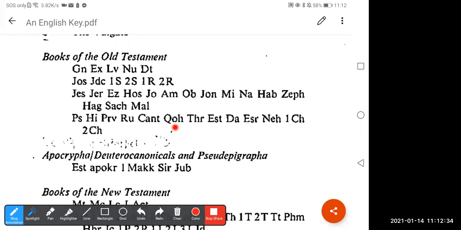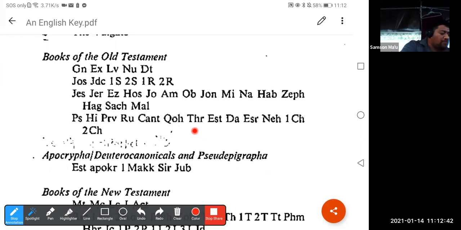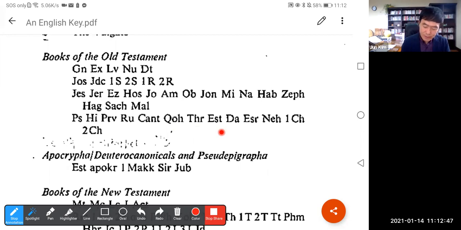Kohelet is Ecclesiastes. Yes. THR is Lamentations, Esther, Daniel, Ezra, Nehemiah, First Chronicles, Second Chronicles. That's it. I just wanted to let you know some of the tricky ones, so you need to understand.